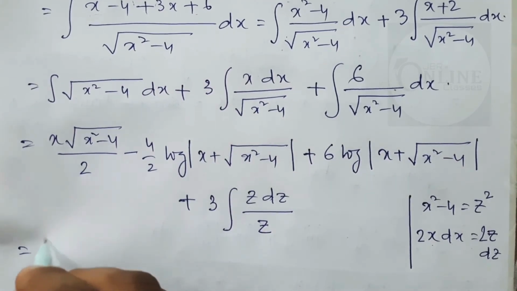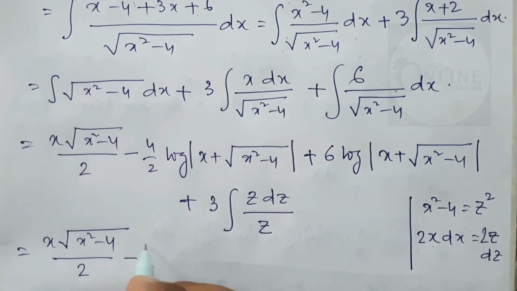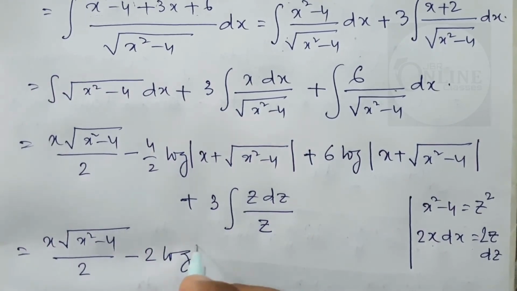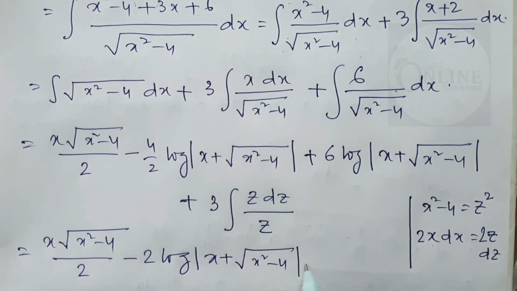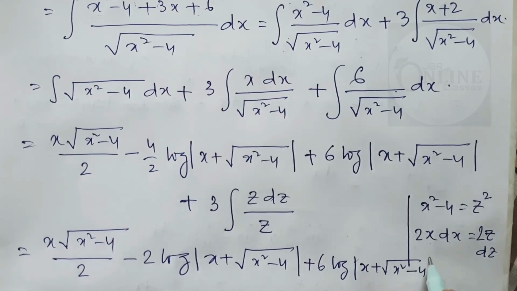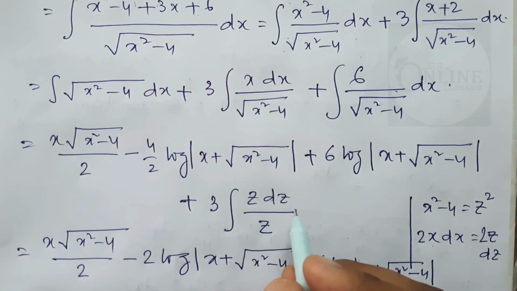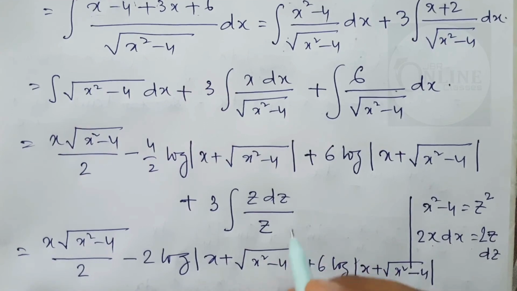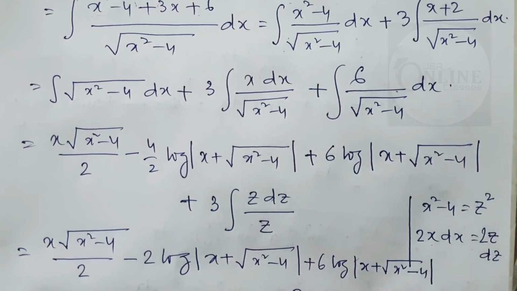So these quantities are already done: x into root over x square minus 4 by 2, minus 2 log of x plus root over x square minus 4, plus 6 log mod x plus root over x square minus 4, and then the integration of dz is going to be z only. So plus 3z plus c.